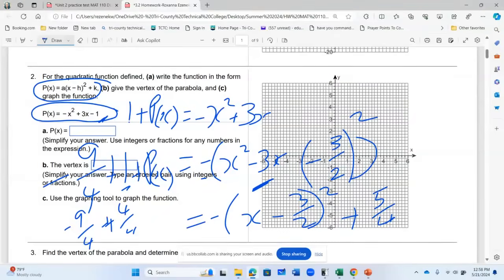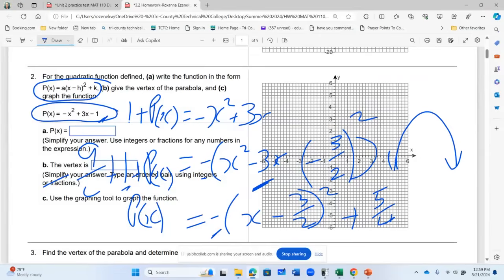Therefore, the function is now looking like a vertex form, so I just have to write the function notation. The leading coefficient is negative 1. In other words, the graph will be a maximum, concave down.